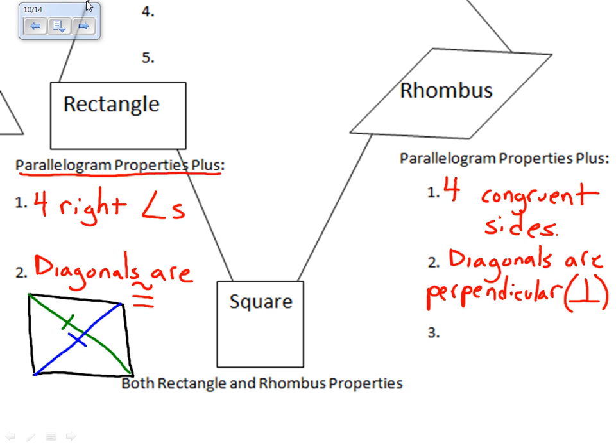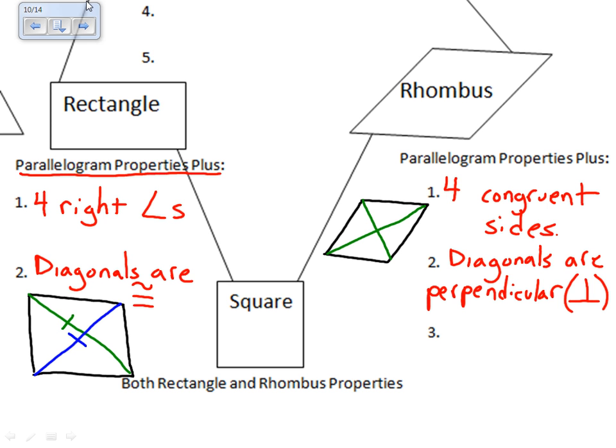So if I have a rhombus, remember a rhombus is just, it looks like a diamond. So it could be tilted if you wanted. Remember I showed you the example of the Sims guy? Has the skinny diamond on top. If I draw the diagonals, here's one, here's the other.